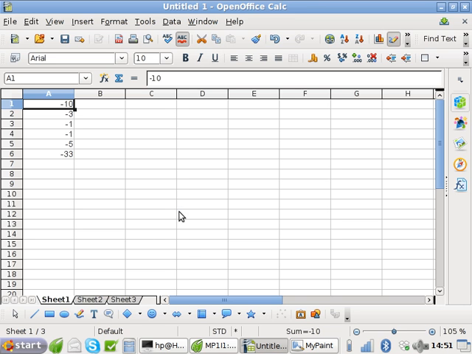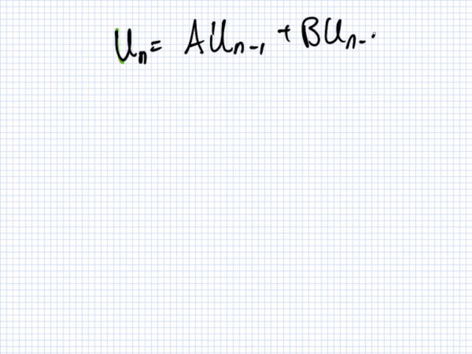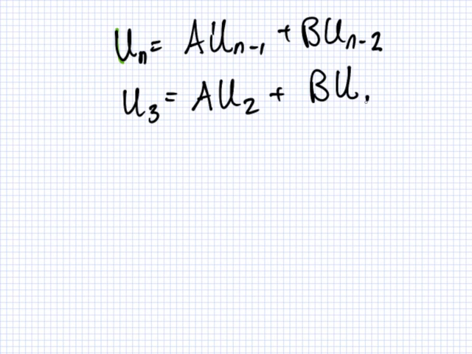So what you have here is the formula un equals a un minus 1 plus b un minus 2. So you could say the third term is a times the second term plus b times the first term.